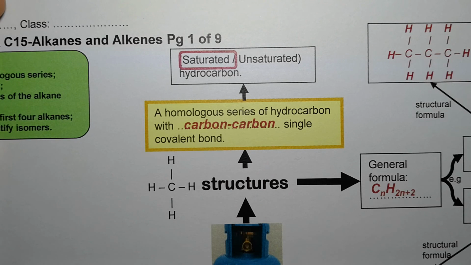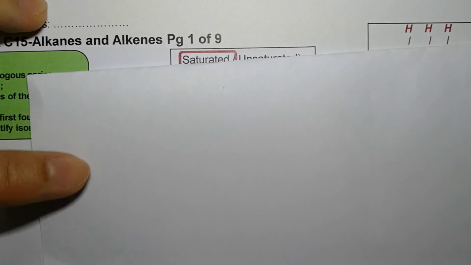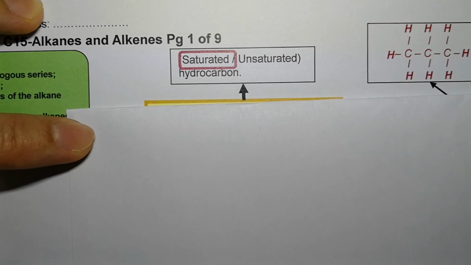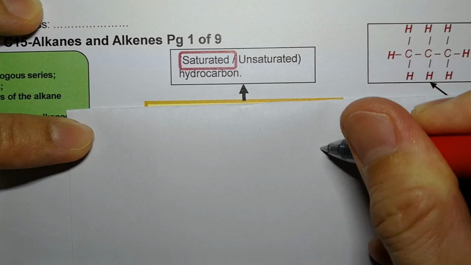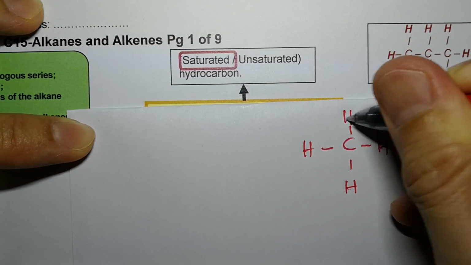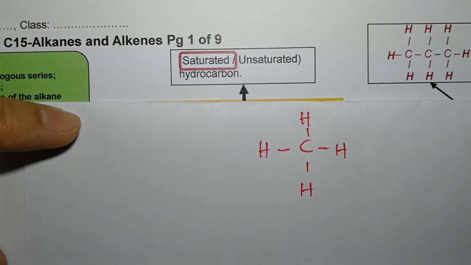Now, what is the meaning of the word saturated? Saturated means that you cannot add more things to it. For example, my brain is saturated, meaning that I cannot absorb any more new information. Likewise for alkane, it means that you cannot add any other atoms to it.